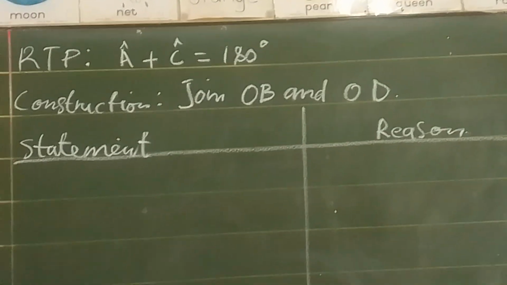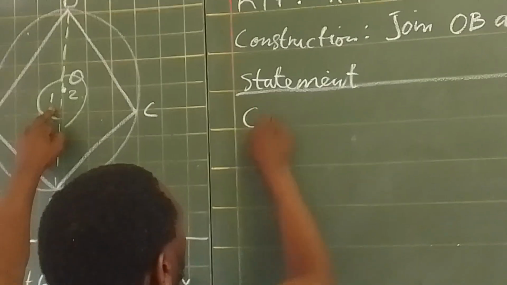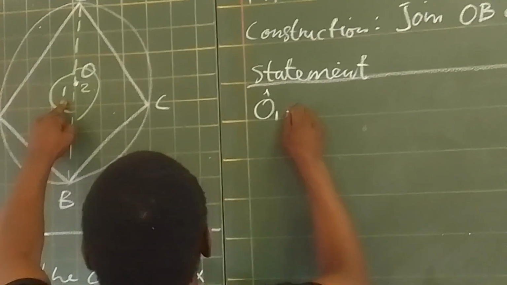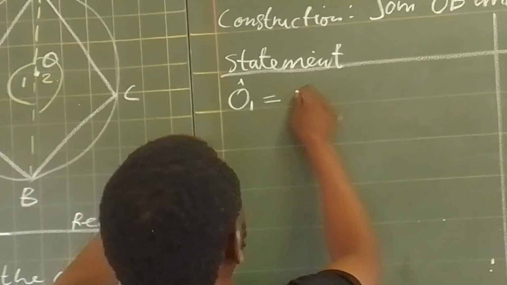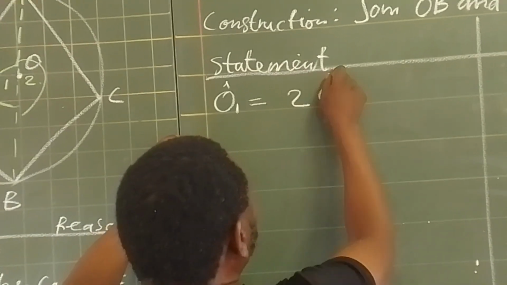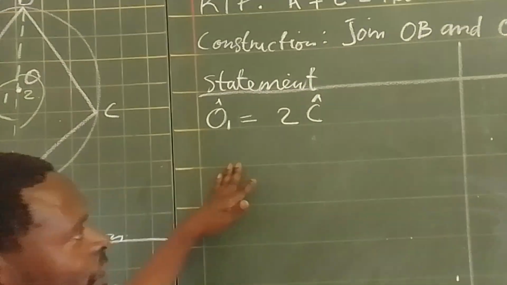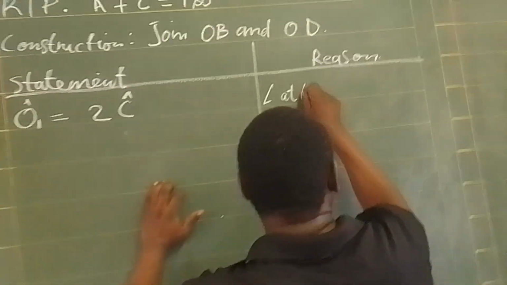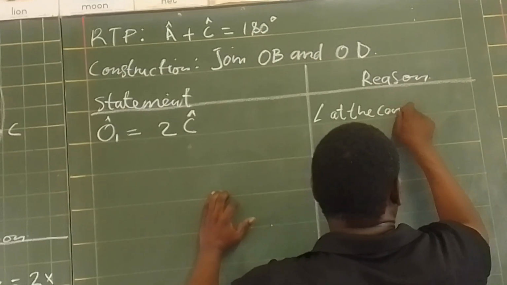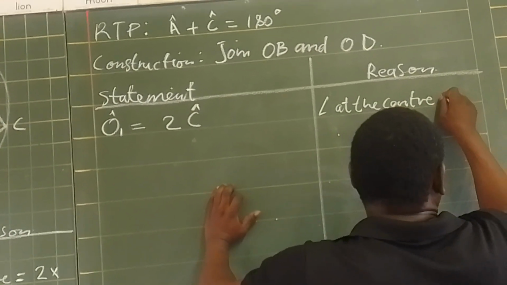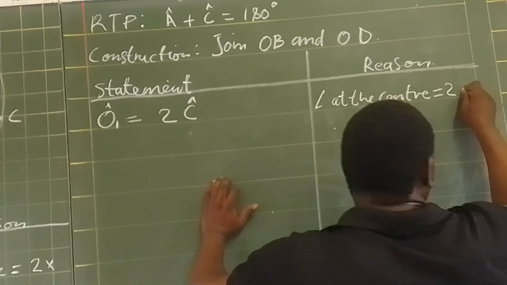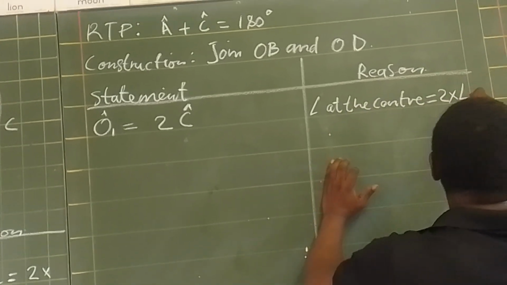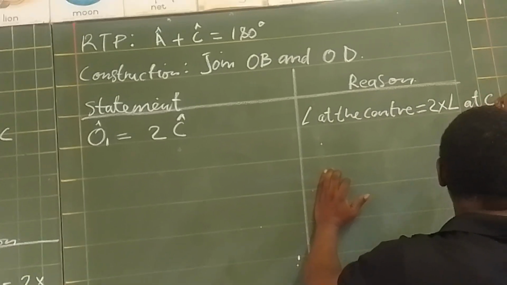Then we start by saying O1 is equals to 2 angle C. The reason for that is angle at the center is equals to 2 times the angle at the circumference.